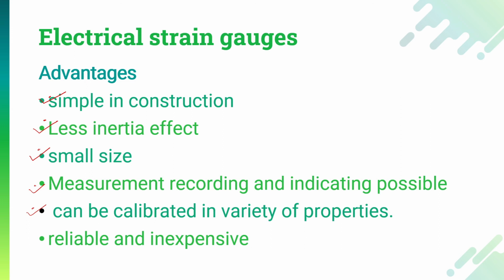We can not only measure the strain, we can also measure various mechanical properties: we can directly measure force, pressure and acceleration. Such mechanical properties can be easily measured with the help of electrical strain gauges. And lastly, one of the most common advantages, they are very reliable and very inexpensive. So these are the most common advantages that make the electrical strain gauges most popular.